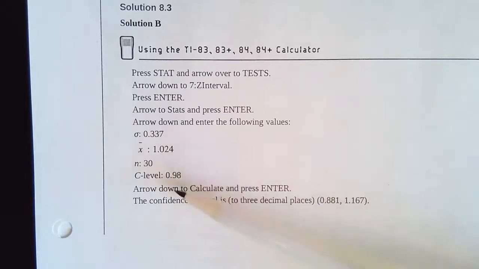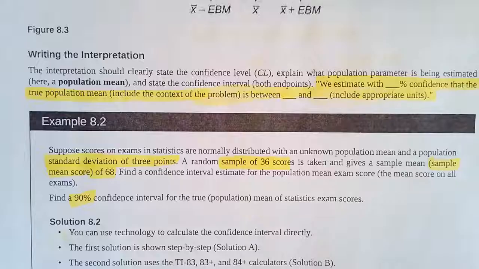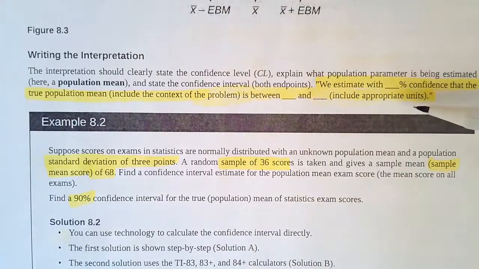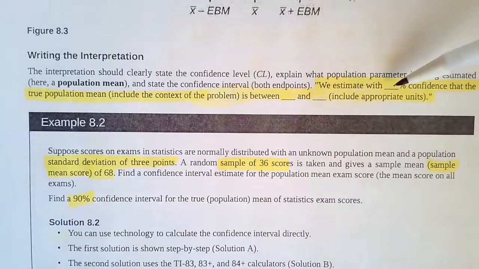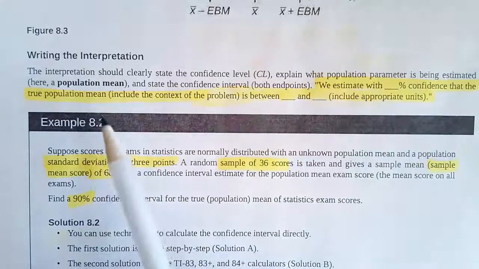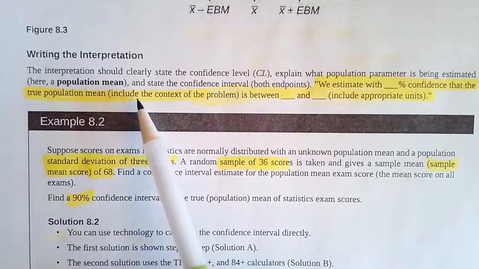All right, so I'm going to jump back to page 444. This is how we interpret our confidence intervals, and this is going to be the same every time that we use our interpretation. Really, this is the whole point of it. This is inferential statistics, so we need to interpret what all those numbers mean. So we estimate with 98% confidence that the true population mean, and this one has to do with absorption rates for cell phone use, is between, and then you put in your appropriate values, and on this one it was the 0.88 something and 1.03, whatever it was just a minute ago.